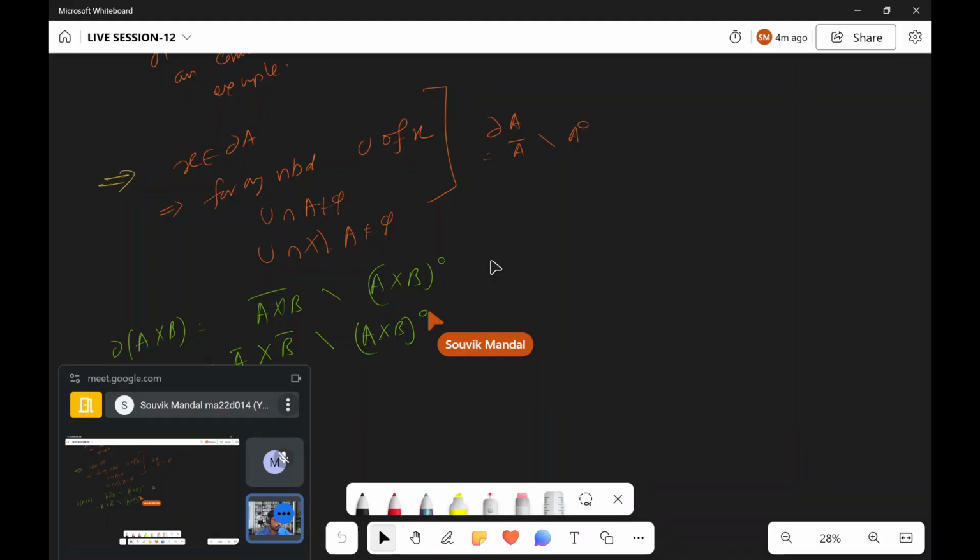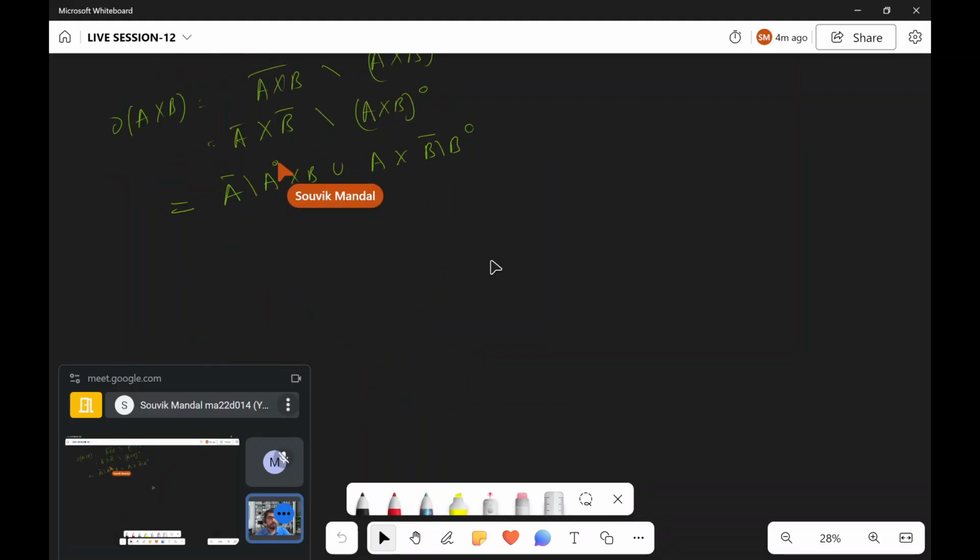Now you can write this as A closure minus A interior, cross B closure, union A closure cross B closure minus B interior. It is a matter of basically a set theoretic argument.